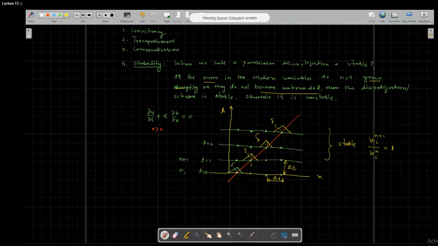Now there can be other pictures in which you may get an unstable solution. In the unstable case you may get a little diffusion also, and maybe an increase like this, or an increase of this nature.